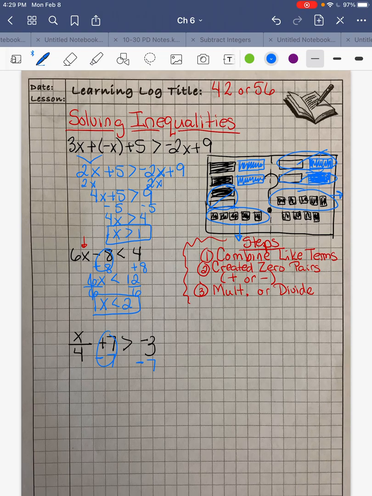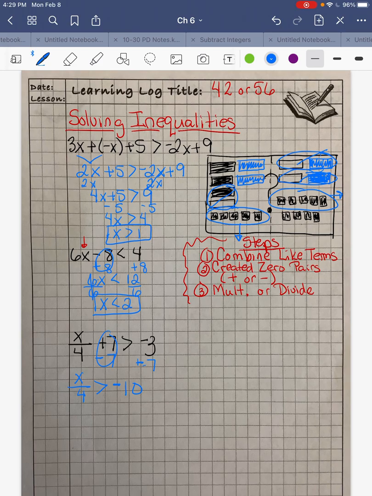So I'm going to subtract 7 there. And I end up with x over 4 is greater than negative 3 minus 7. That's a negative plus a negative, which means it's negative 3 plus negative 7, negative 10. If you're struggling with that, grab a calculator because we want to make sure we have the right number there.